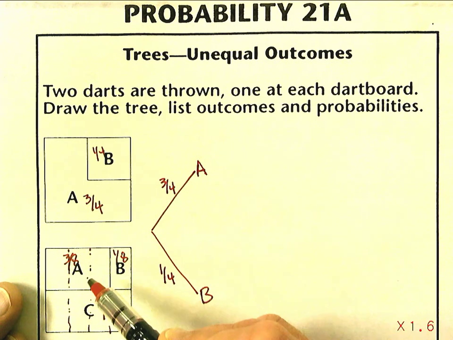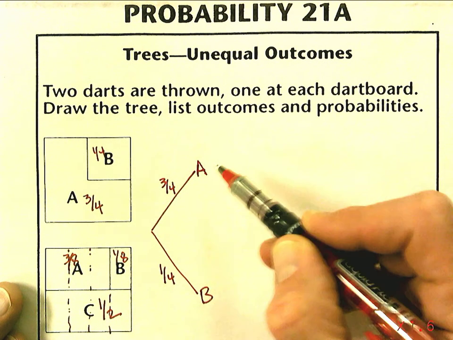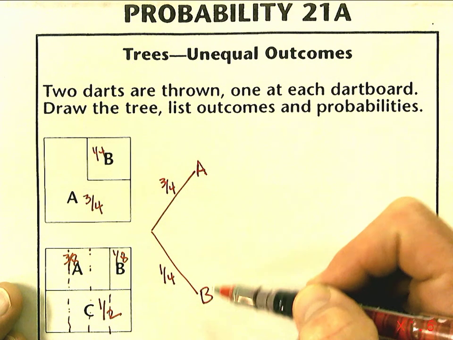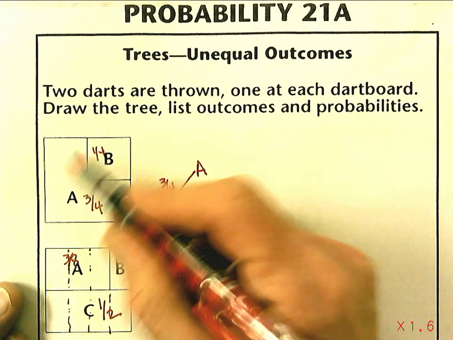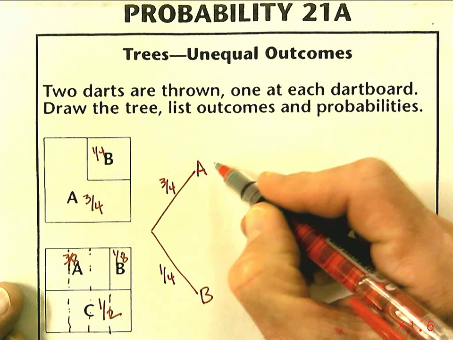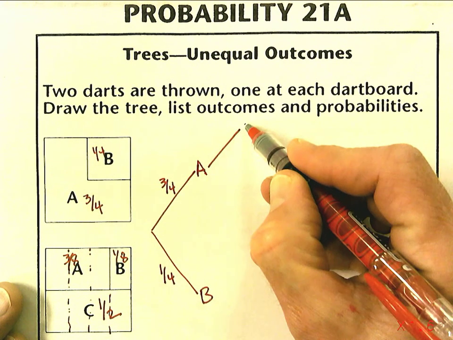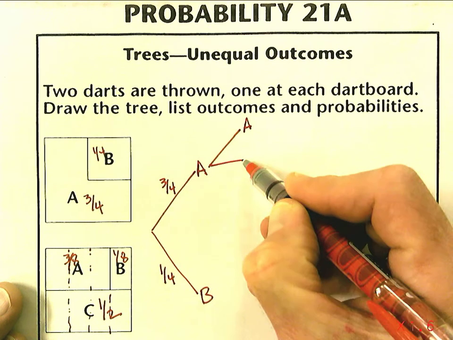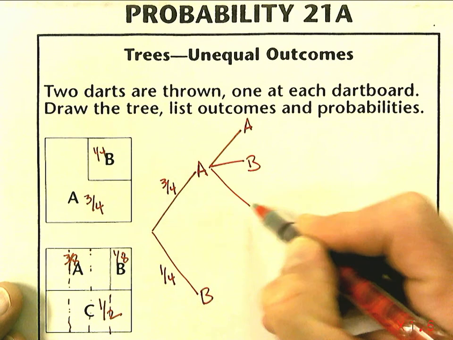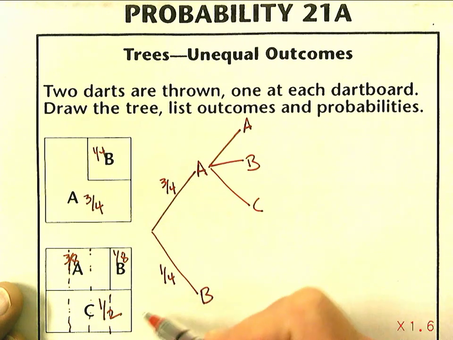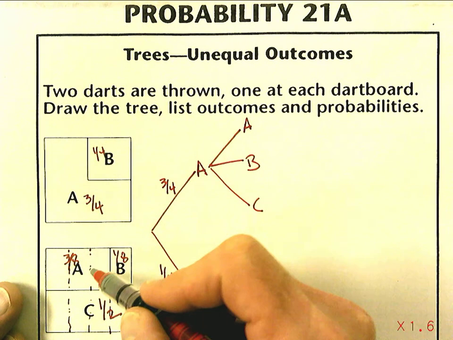And when we think about the next stage of this tree diagram, if we had hit A on the first one, then we look at the different parts, the A or the B or the C, for the second one, and you have to think about the probabilities of each part.